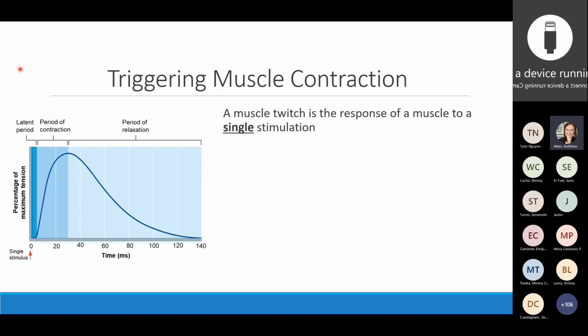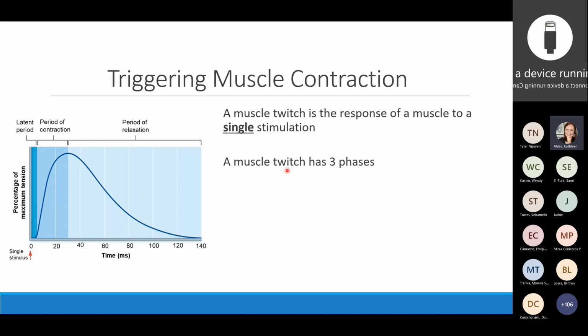When we're doing any of those kinds of contractions, whether we are moving or not moving, we always use a cycle called a twitch. So when we do muscle contraction, each part of your muscle will undergo a twitch. We get a single message, and this muscle goes through the process of contracting and relaxing.